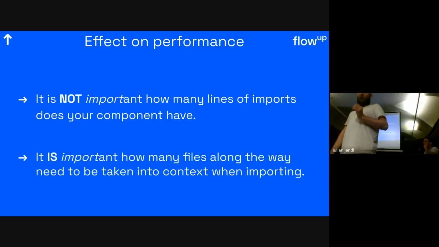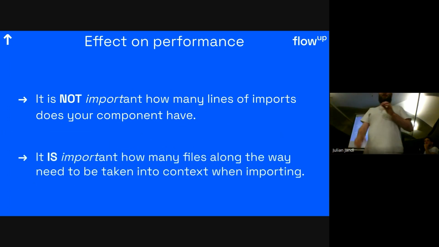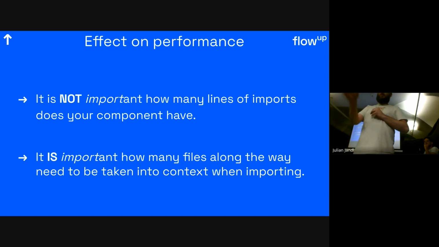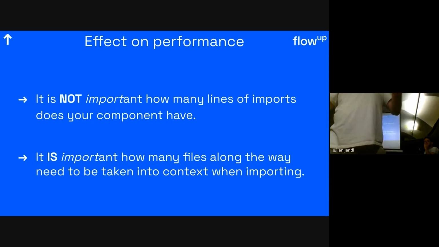What is important is how many files along the way are taken into context when importing. So as soon as your project re-exports everything 3 times, and you have an NX structure of libs that also does that, and then you execute some tests on it, for example, because why not re-export things in a barrel file so imports are shorter, this has a huge impact.